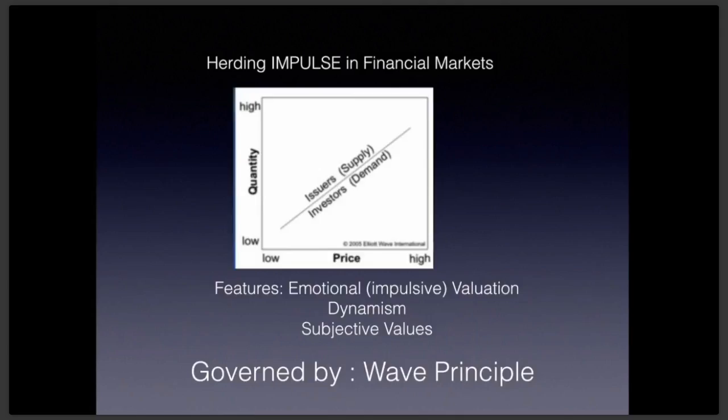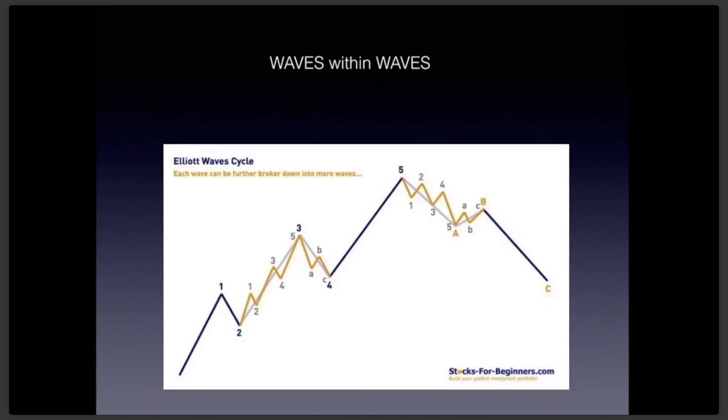So in any wave, emotional valuations are governed by the wave principle. The reason why we're plotting the 1, 2, 3, 4, 5 and these patterns happen over and over again is because the markets are emotional most of the time.